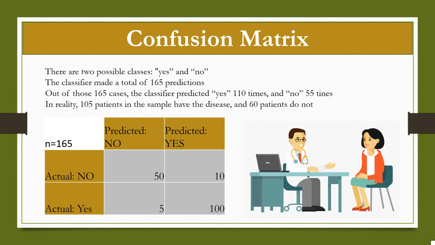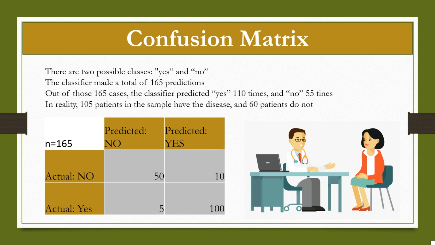Now out of these 165 cases, let's say that the classifier predicts yes 110 times and no 55 times. So yes basically stands for yes, the person has a disease, and no for no, the person does not have a disease. That's pretty self-explanatory.